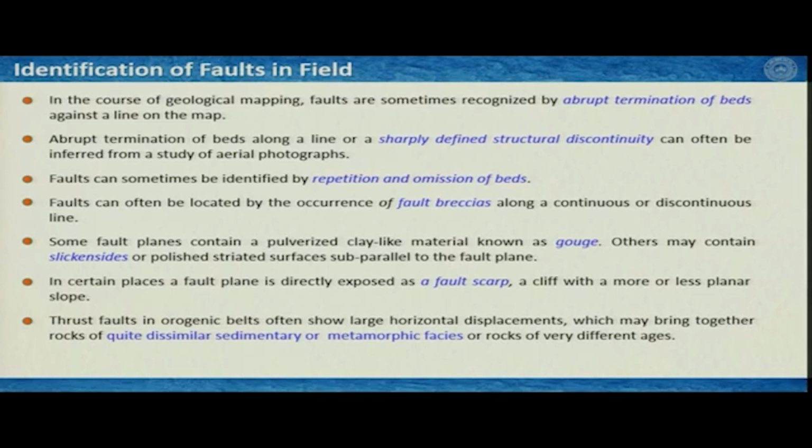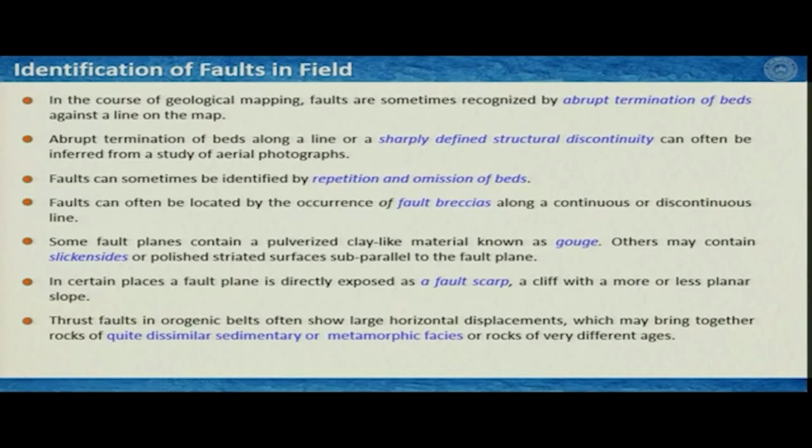You can also figure it out if you see slickenside-like features or polished striated surfaces subparallel to the fault plane; that tells you that you are in a fault zone. In certain places a fault plane is directly exposed as a fault scarp, a cliff with a more or less planar slope, and that can also tell you that you are in a fault zone.